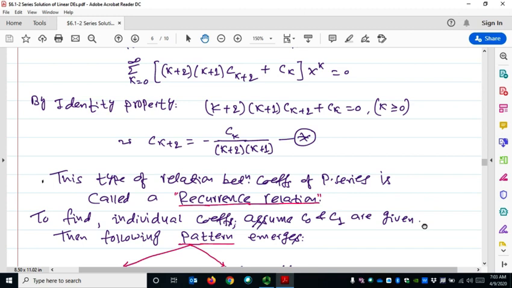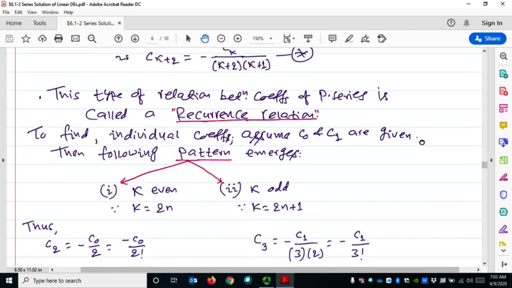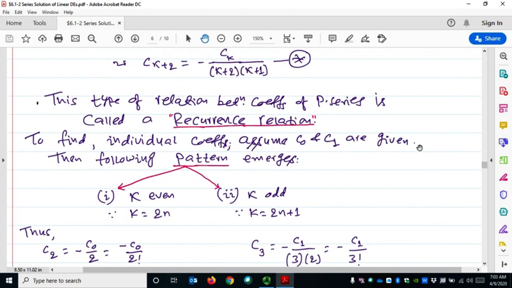Let me scroll down. Now, to find the individual coefficients, assume C0 and C1 are given. Then the following pattern emerges: either k is even or k is odd. If k is even, k equals 2n. If k is odd, k is 2n plus 1.